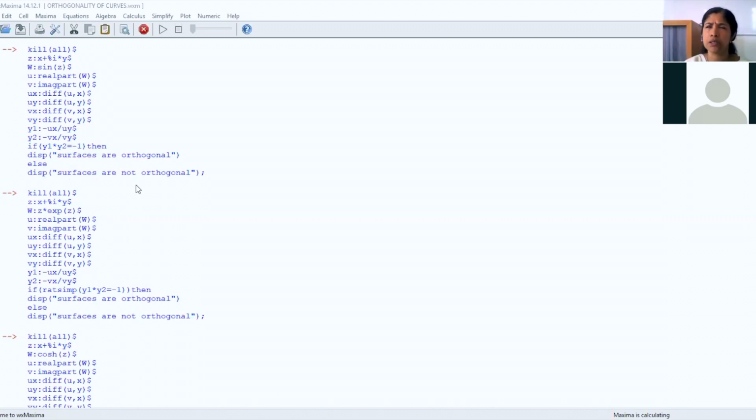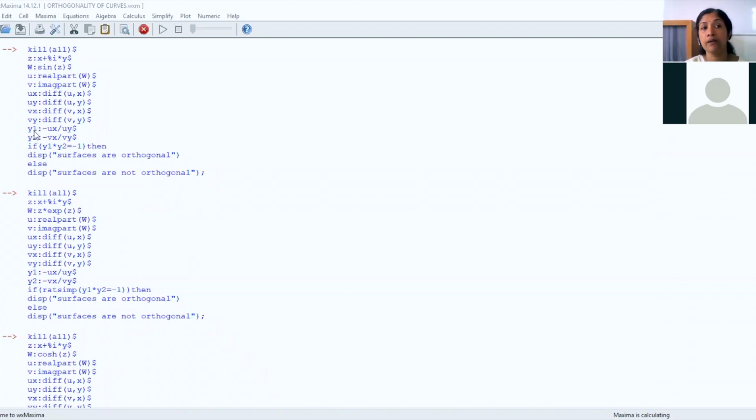Okay, it is just like how we do it manually, we write the program. We start with the Z, then we write W, then we take out the real and imaginary parts, differentiate all those real and imaginary parts with respect to X and with respect to Y, and store them in UX, UY, VX, VY.